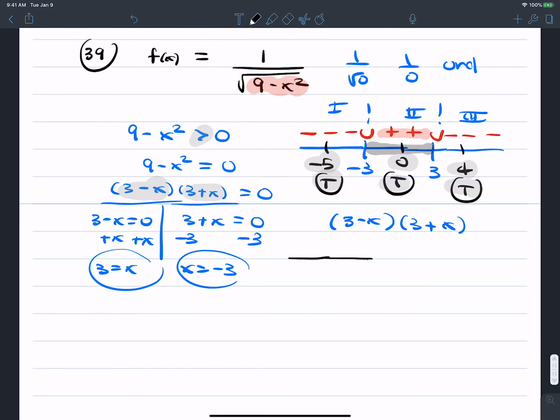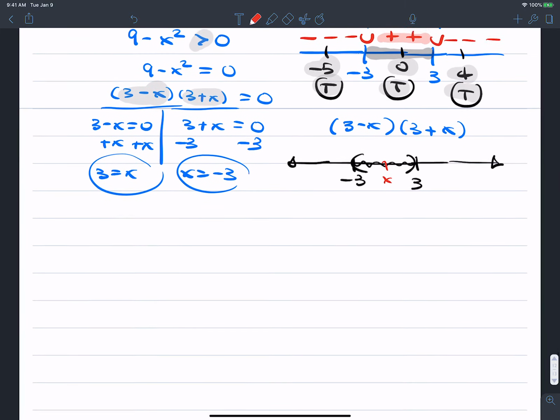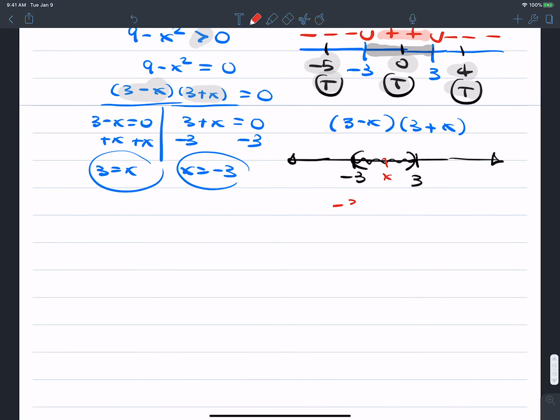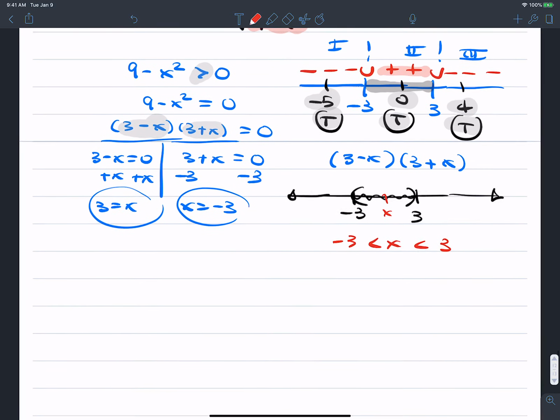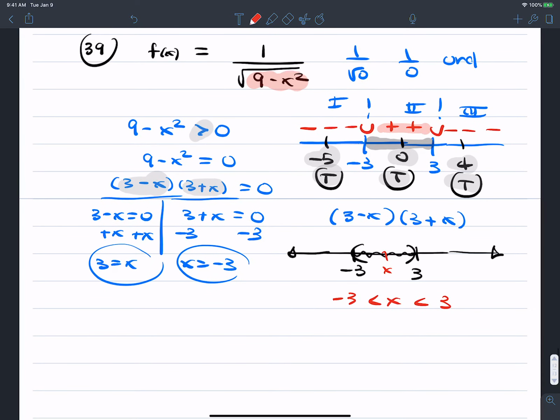So the graph looks like the following here. Just shade numbers between -3 and +3. Use your parentheses. And if they want set notation, don't forget, this is where all the x values are. You're talking between. -3 will be less than x, which is less than 3. Don't use your equality because it can't equal 3. This is going to be our description for set notation for the domain.